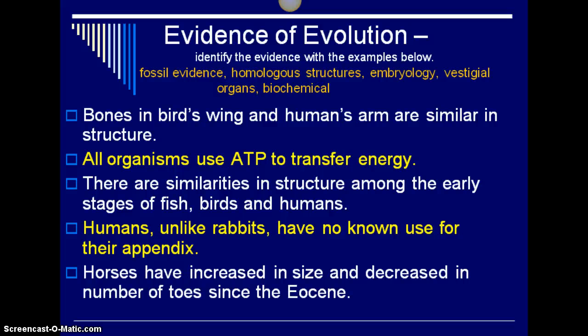Okay, so bones in the bird's wing and human's arm are similar in structure. That is going to be homologous structure. Organisms use ATP to transfer energy is biochemical.